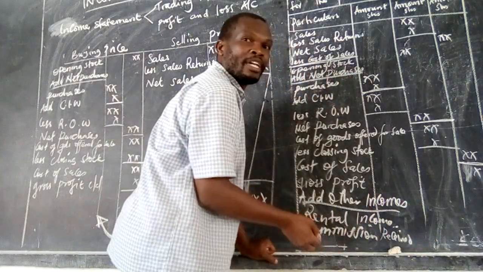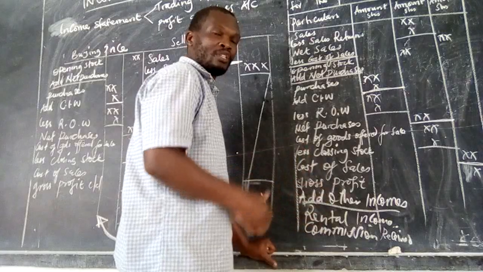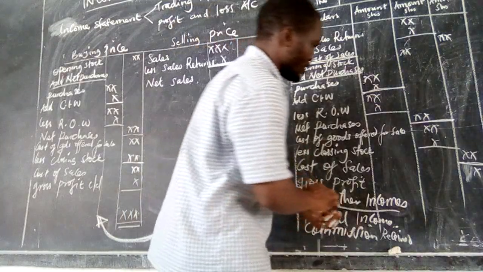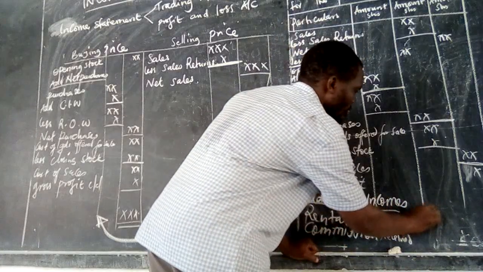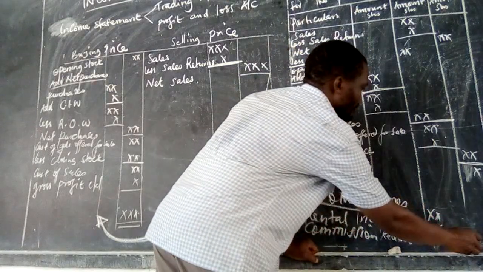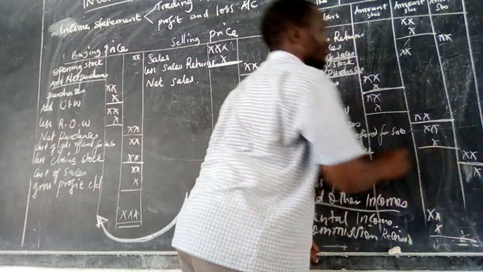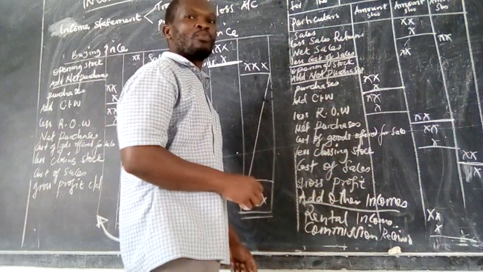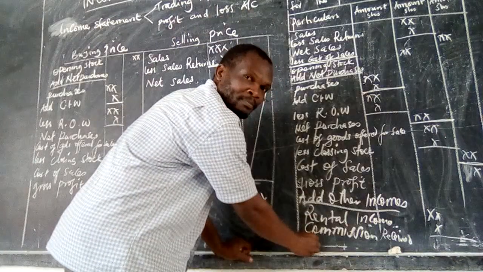Of course, you may get other incomes that were supposed to be received but were not earned. When you use the second column to get the total income, then you add it to the gross profit. When you add it to the gross profit, you get what we call gross income.